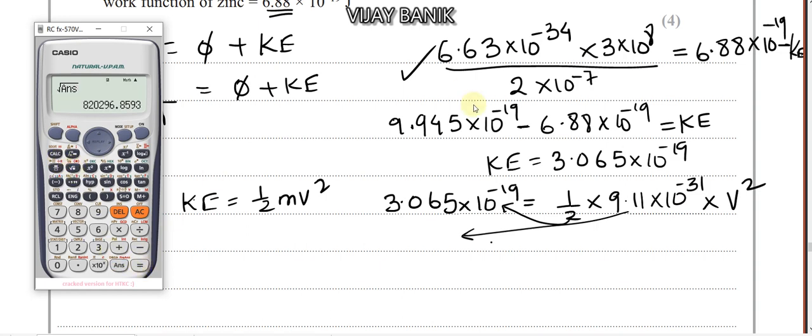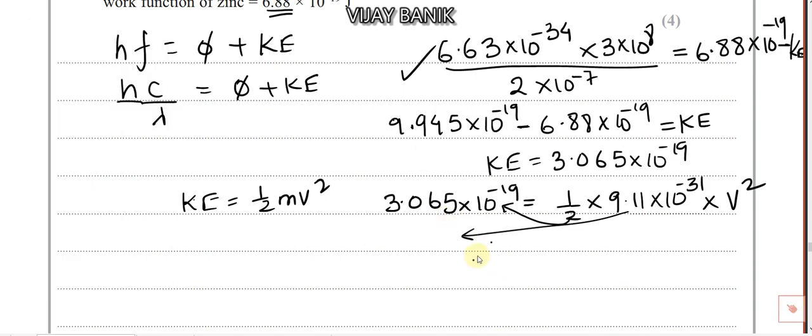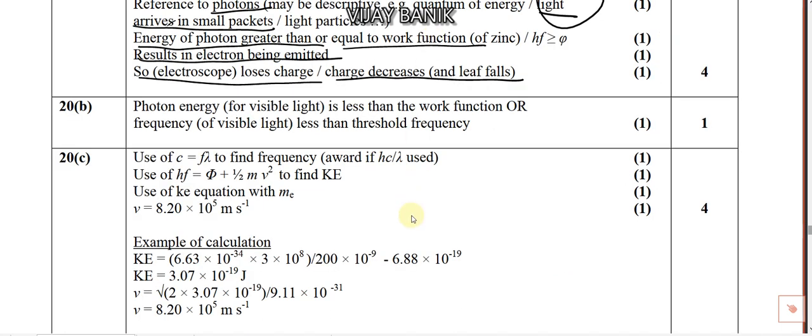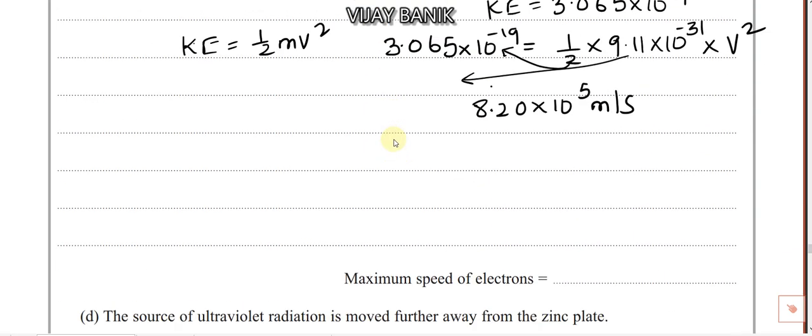How much is that? The speed is around 820. Let's make it three significant figures: 8.20 into 10 raised to 5 meters per second. I hope that is the answer. Yes, it is. So we are done with this question as well.